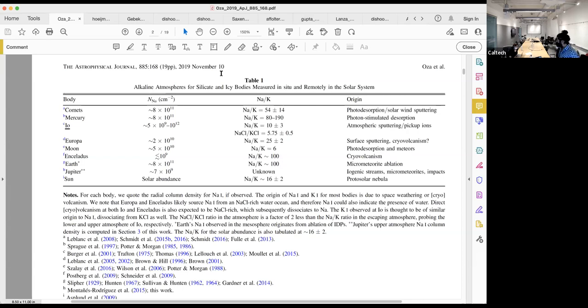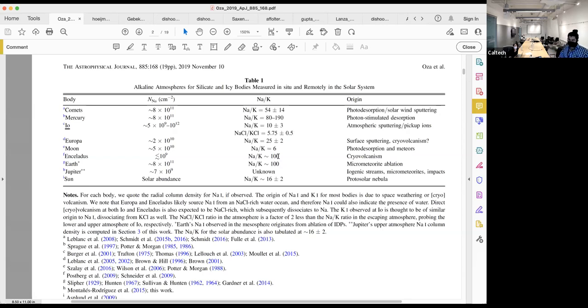So the history of this table: sodium and potassium is, in my opinion, one of the most powerful diagnostics, because in our own solar system, to determine the origin of sodium at Europa, it was determined that it's not from Io. I think Mike Brown, just next door, observed and discovered sodium and potassium at Europa, and there was considerable debate whether that sodium or potassium is from Europa or from Io, which has all these clouds and could hit Europa.